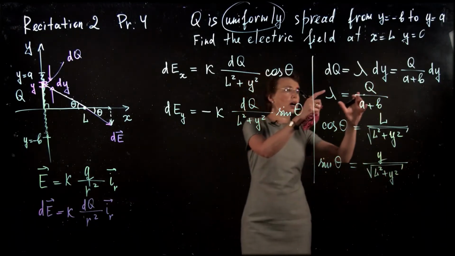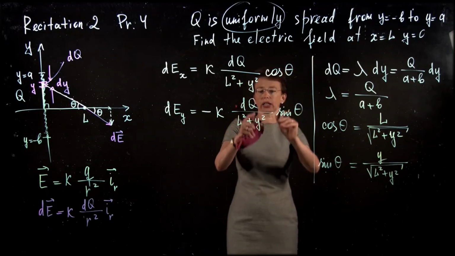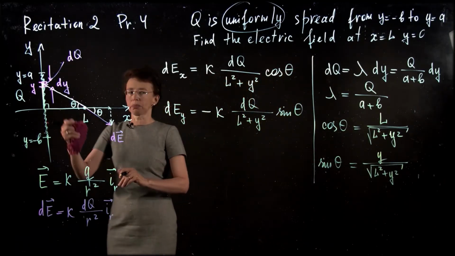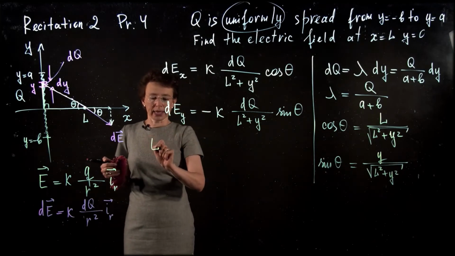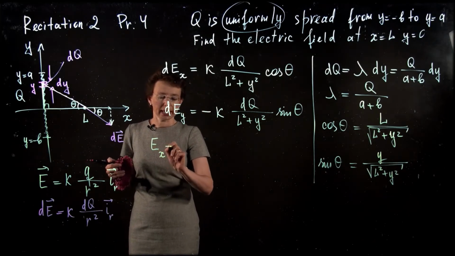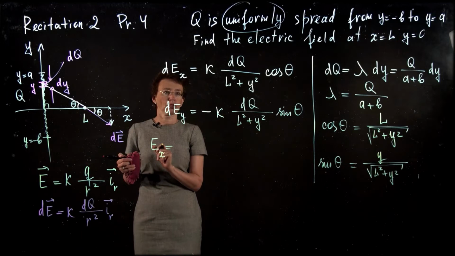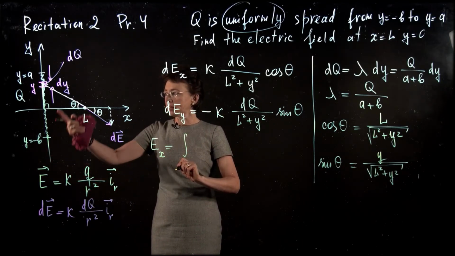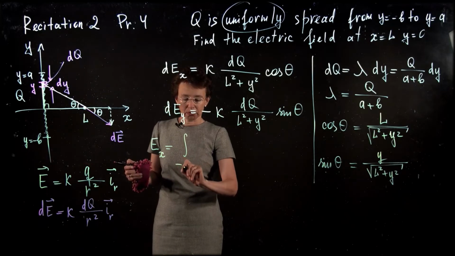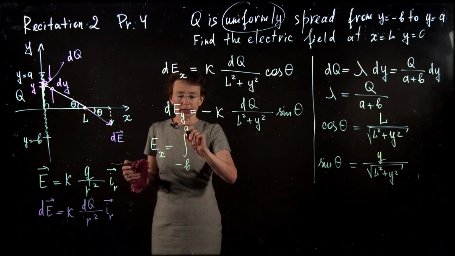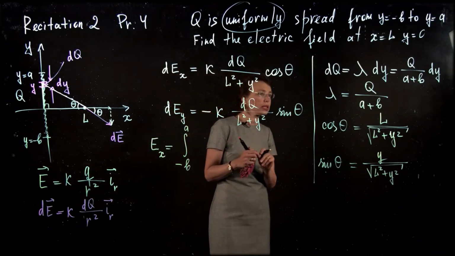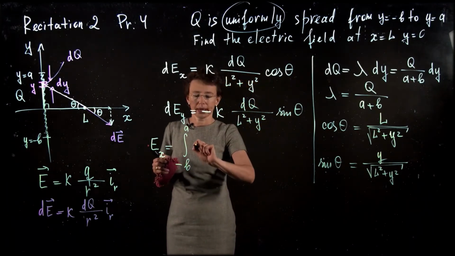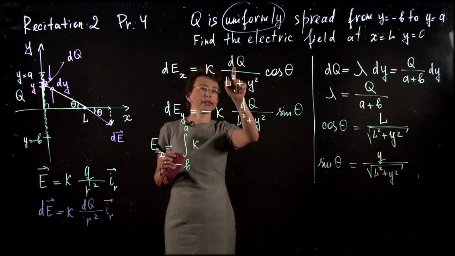Now we are ready to bring everything back into our formulas and integrate from minus b to a. So my Ex, the x component of electric field, will be the integral from minus b to a of k, then dq.